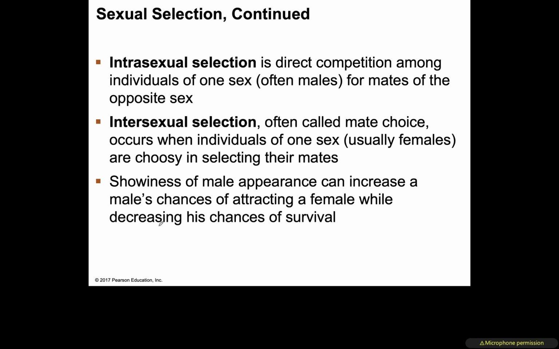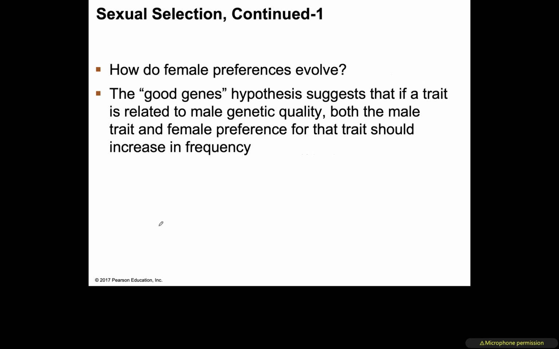That showiness of your male appearance can increase a male's chances of attracting a female, but like I said, it could also decrease his chances of survival. So if he gets to mate, he must have done right. How do females' preferences evolve? Like I was saying before, there's the good genes hypothesis. It suggests that if a trait is related to male genetic quality, both the male trait and the female preference for that trait will increase in frequency.